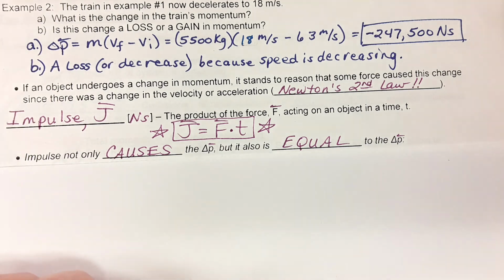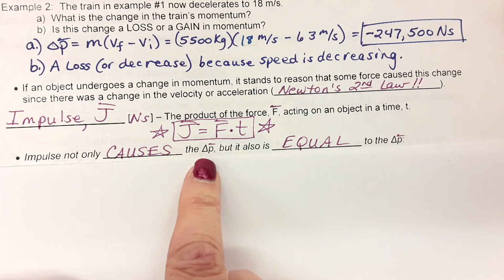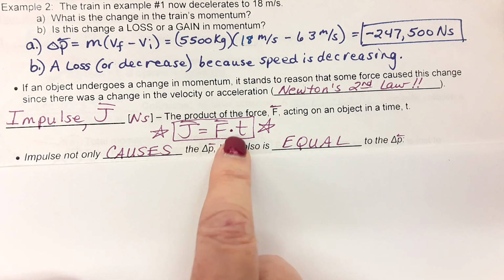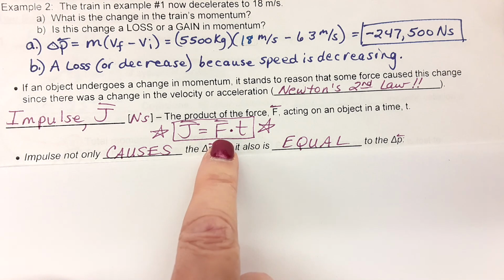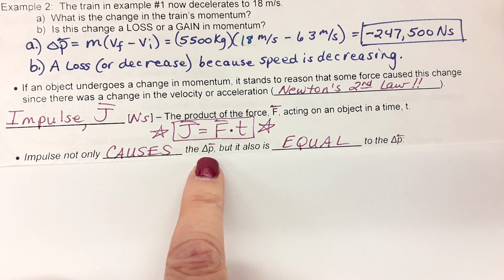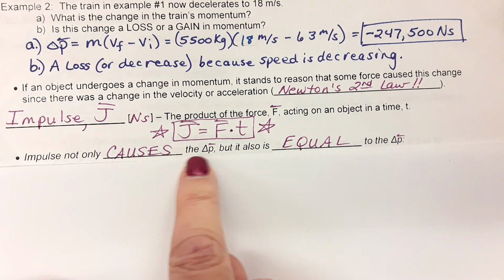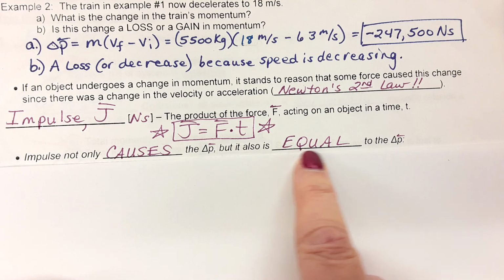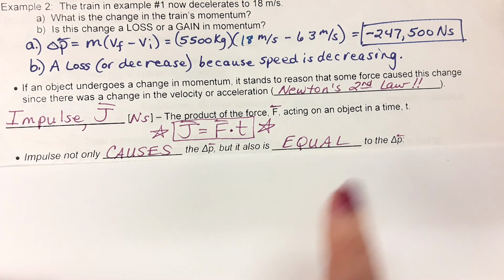Now, here's what's neat about the impulse right here. It not only causes the change in momentum to occur because it's a force making the velocity change. Not only causes it, but it's also equal to the change in momentum.